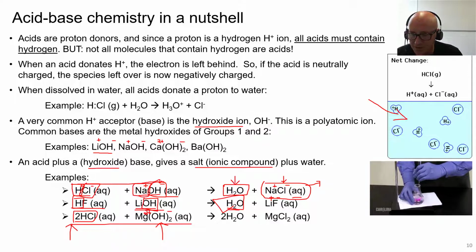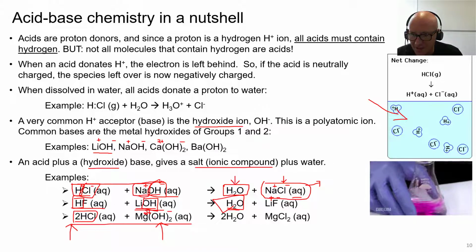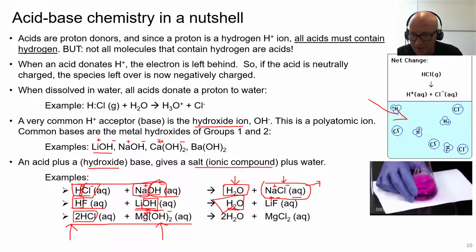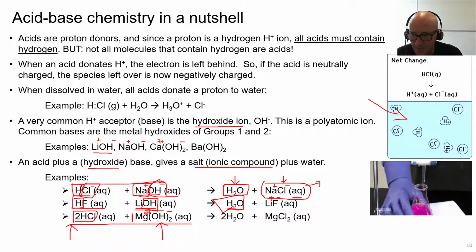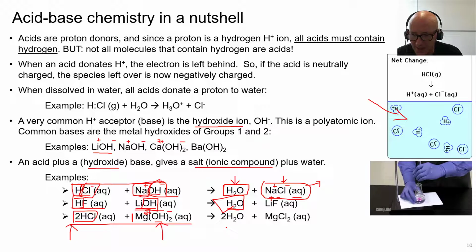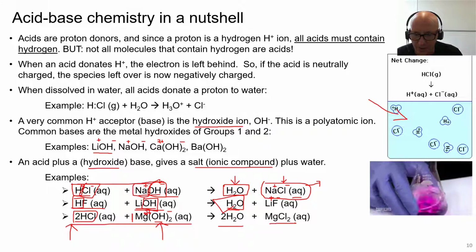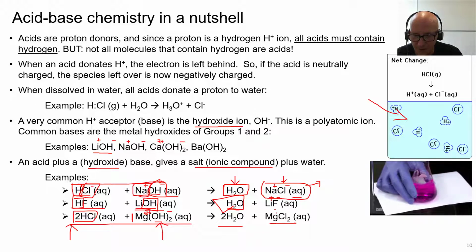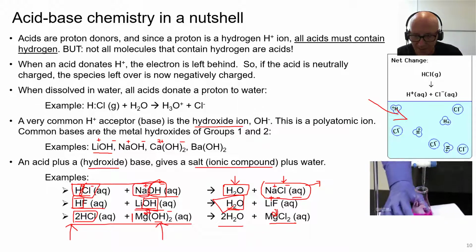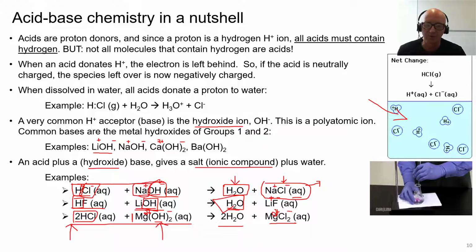You need 2 lots of this stuff to cancel out 1 lot of this stuff here, right? Because there's 2 lots of OH minus in it. And of course, when you do that, you end up with 2 lots of water and 1 compound here that's magnesium 2 plus and 2 lots of Cl minus.